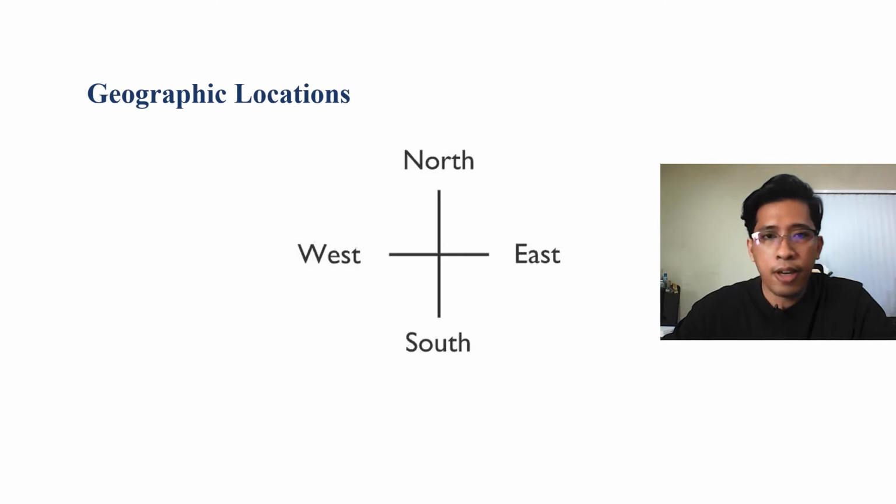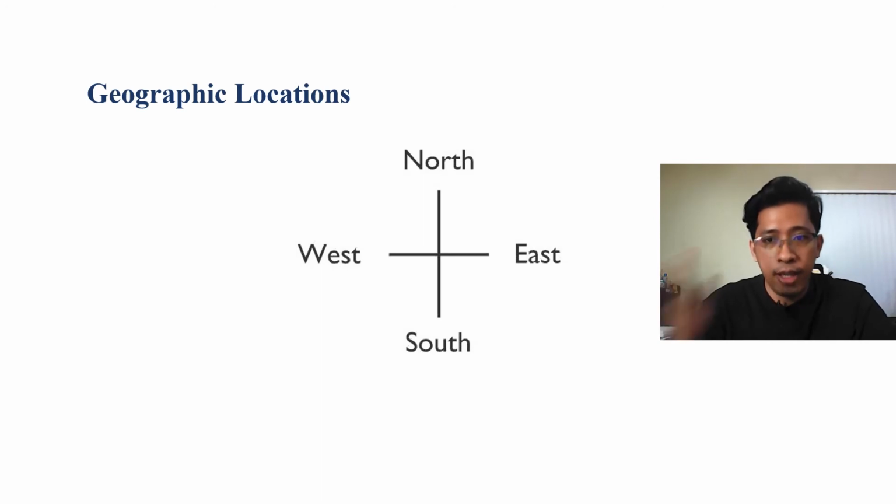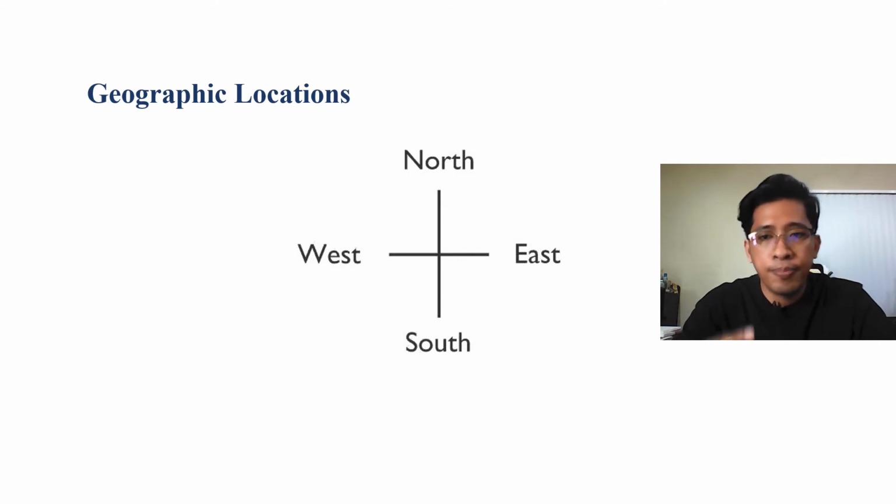For the benefit of some of the students who find it confusing to read geographic locations, let us have a review of reading geographic locations in space. So you are now familiar with your north, which is pointing on your positive y-axis, and then your south down your negative y-axis, your east on the positive x-axis, and then your west on your negative x-axis.